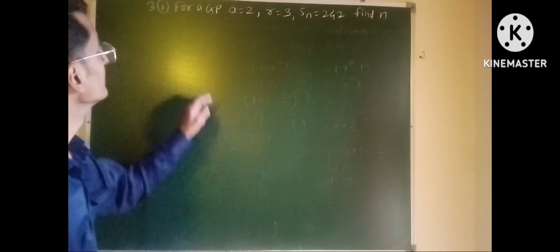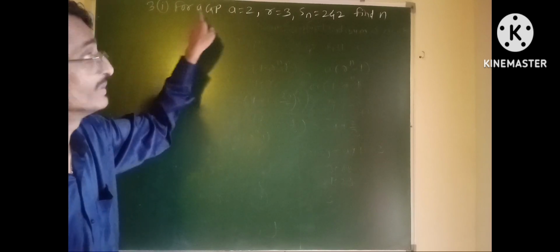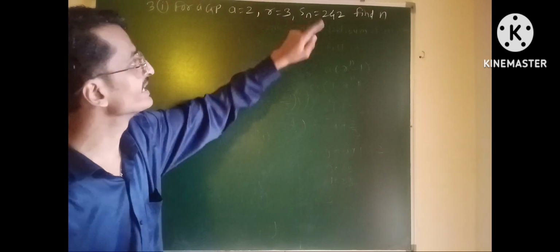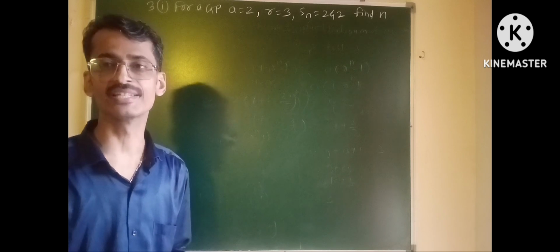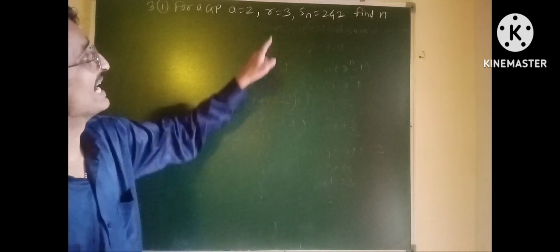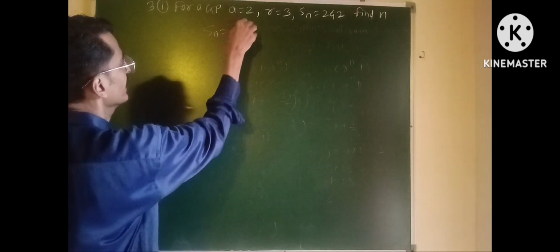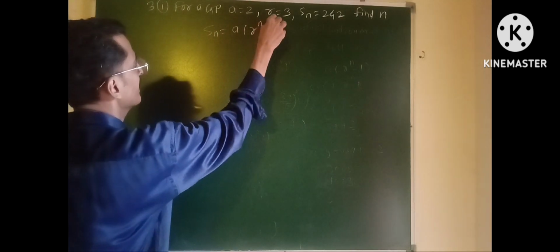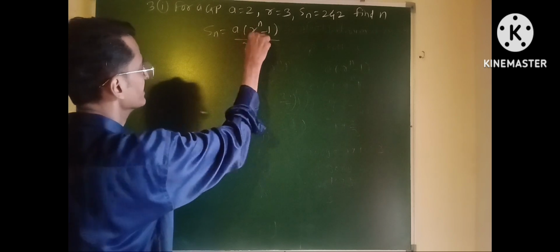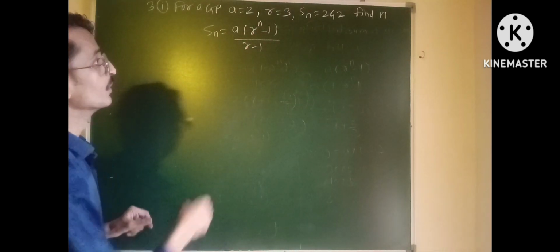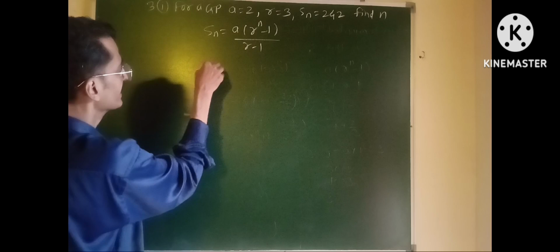Now in this sum, A is given 2 for a GP. R is given 3, Sn is given 242. The question is to find out n. So as R is greater than 1, let us write Sn is equal to A into R raised to n minus 1 upon R minus 1. We don't know n, so write the same here, n.